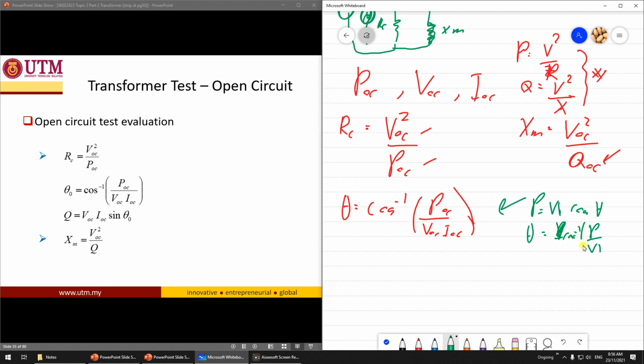This is how you obtain theta, and after you get theta, you can calculate Q. So this is Q.